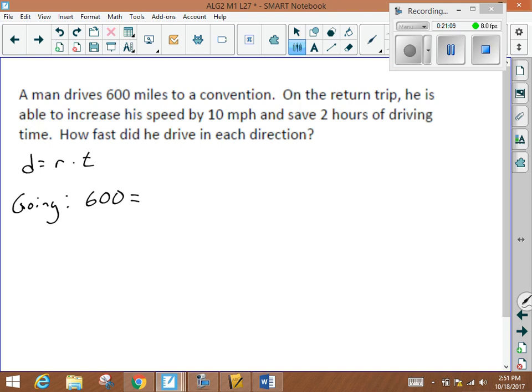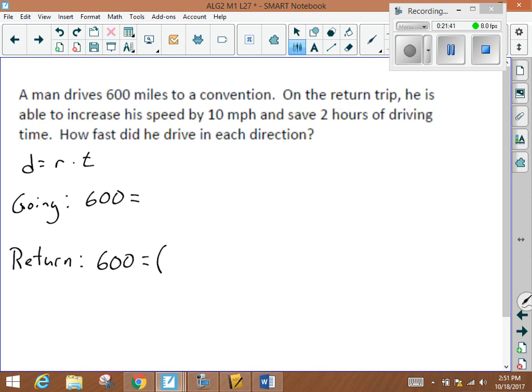And then what do we know about his rate and how long it took? Well, we only know that on the return trip he increased his speed by 10 miles per hour. So let's write this formula as well, just to try to find out what's going on. So if he went right back to where he came from, he must have gone 600 miles.